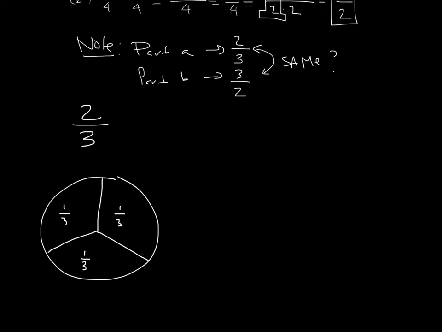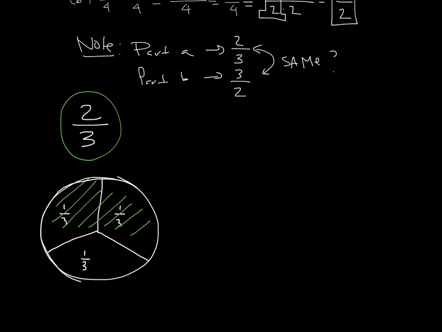But I have 2/3, so 2/3 represents that. So you eat 2 slices of pizza out of 3. That's obviously less than a whole. If you shade the whole circle, that's obviously one whole. Well, the green part is definitely less than one whole.